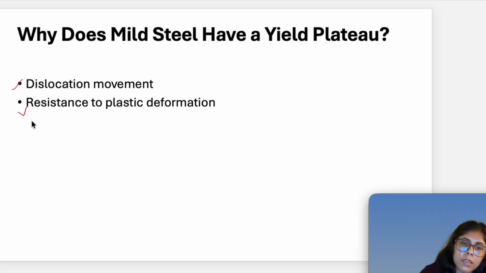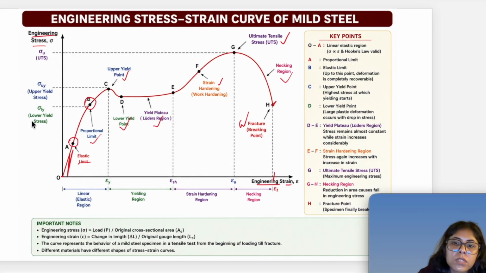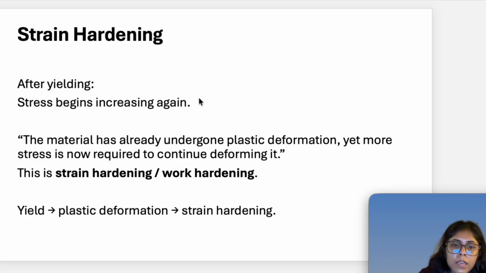Now let's see next, which is the strain hardening region. After the yielding finishes, there is strain hardening, or work hardening. Now what is that? After yielding, we get to see that stress starts increasing again. Yield is complete, and then stress will start increasing again. The material has already undergone plastic deformation, yet more stress is now required to continue deforming it, right?